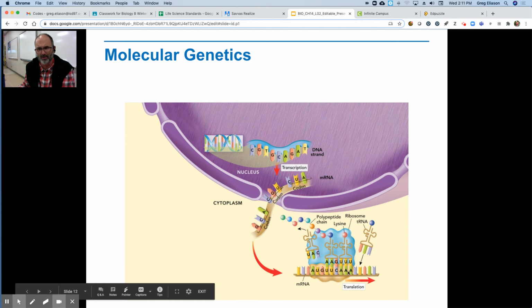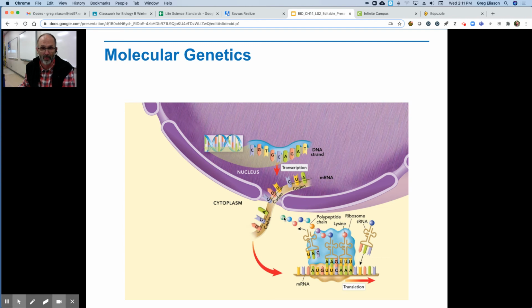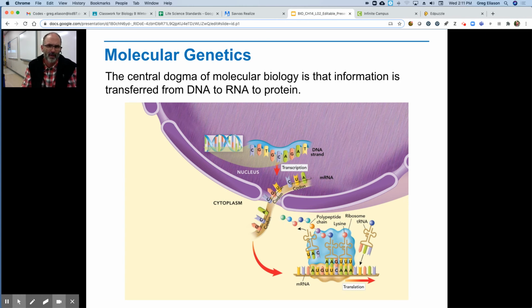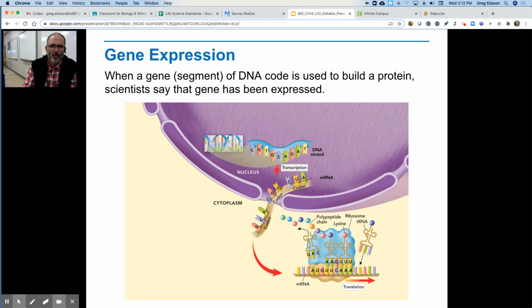The mRNA is translated to a protein that's made from amino acids that make a peptide bond, make a polypeptide chain. Okay, so this is what we call the central dogma of molecular biology, that information is transferred from DNA to RNA to protein. When I say central dogma, I mean this is the thing. This is the way it works.